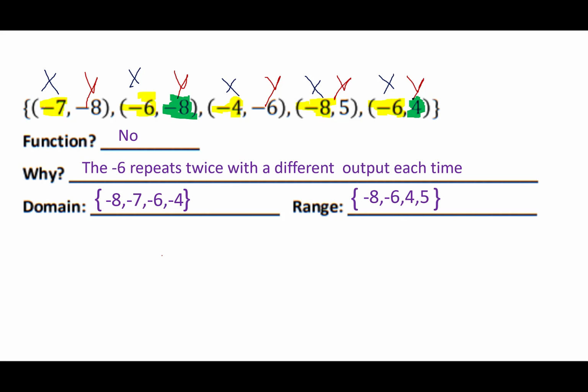Okay, so we get -8, -6, 4 and 5. And let's double check that we got all of them. So we got -8, -6, 4, and 5. Okay, we've got all of them.